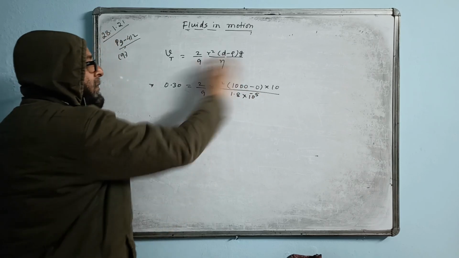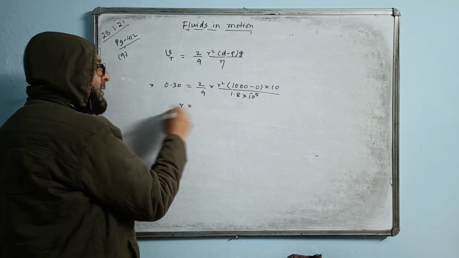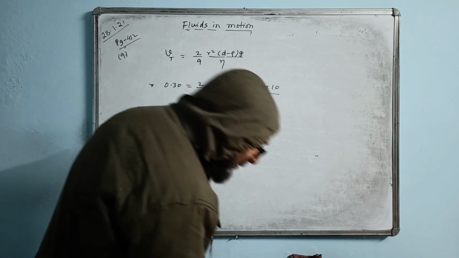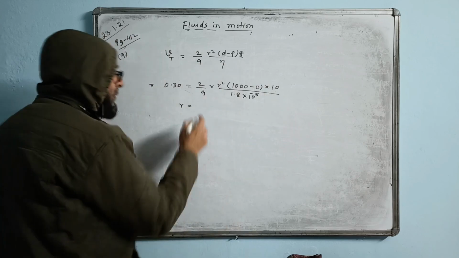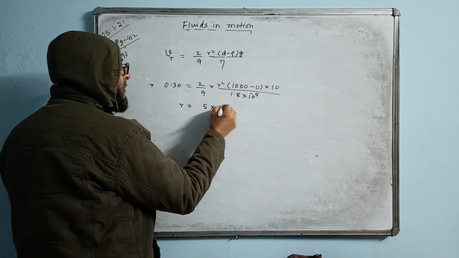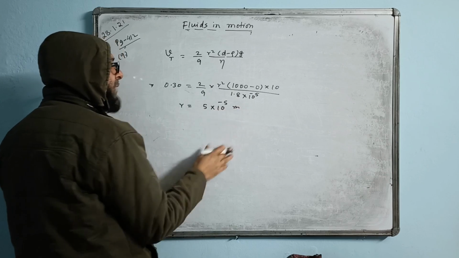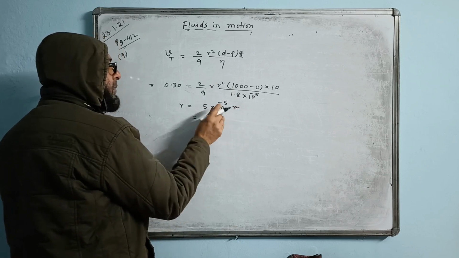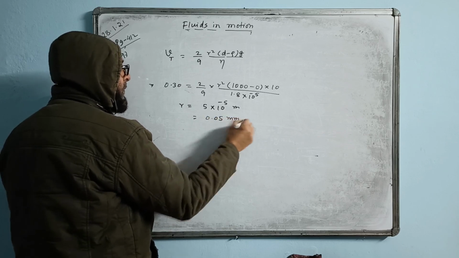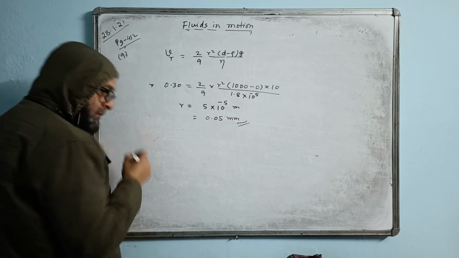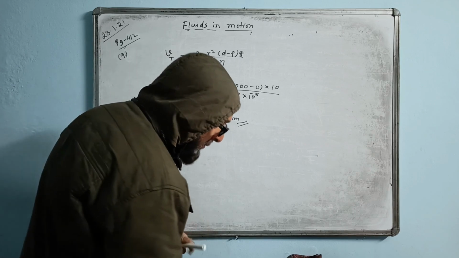Using this, we will find the value of R, and it will come out to be 5 into 10 to the power minus 5 meters. This answer is fine. If you change to millimeter, where millimeter is 10 to the power minus 3, the answer will come 0.05. This was the solution for number 9.